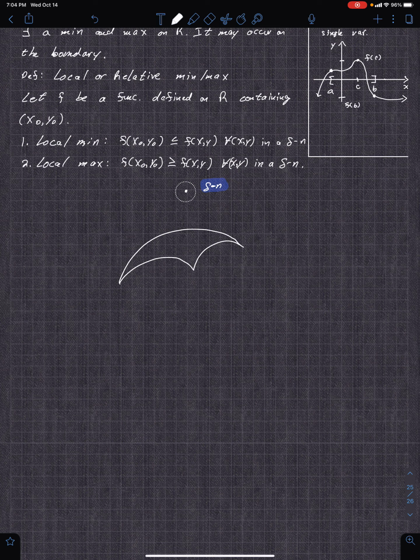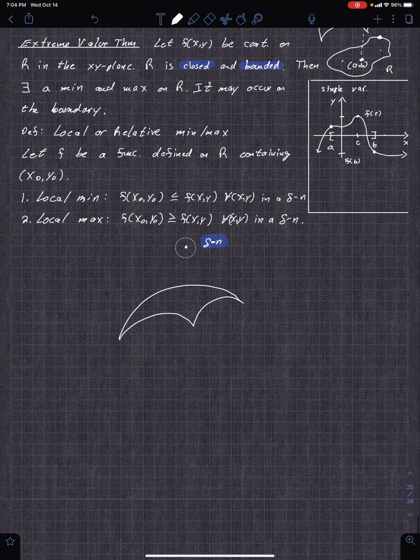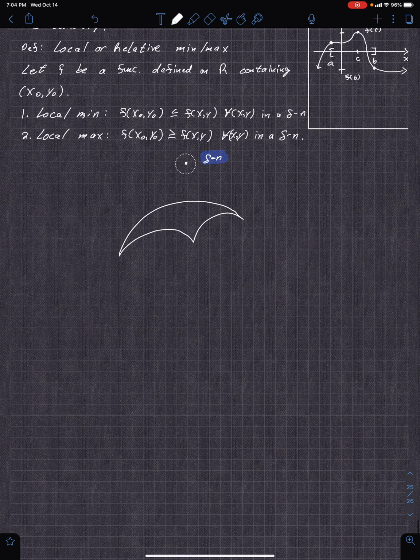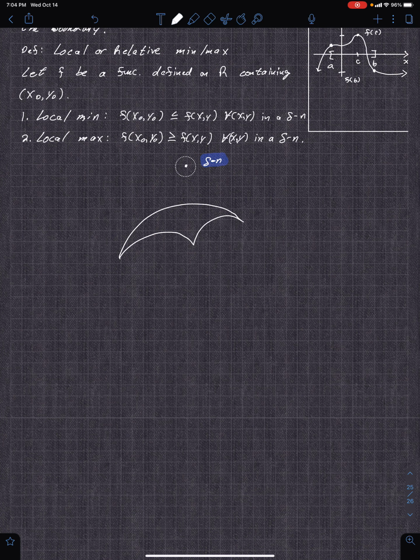And so you have your region down here, some region that can be open or closed for R. So R is down here, but then in your delta neighborhood, let's just copy that, put it here. Then it's the max or min in that delta neighborhood.